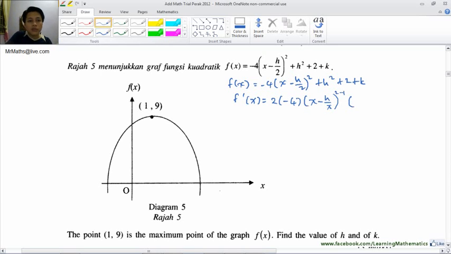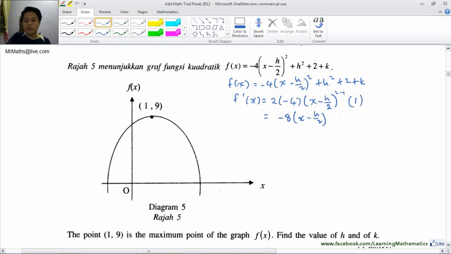Okay, let me just correct a mistake over here. Oops, that h over 2, right? The differentiation of the function inside the bracket is actually 1. So 2 and minus 4 become minus 8. And then x minus h over 2 to the power of 1, and multiply with 1.